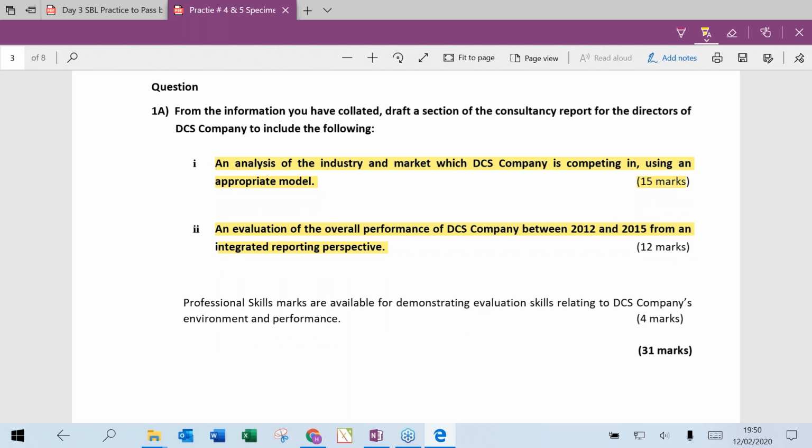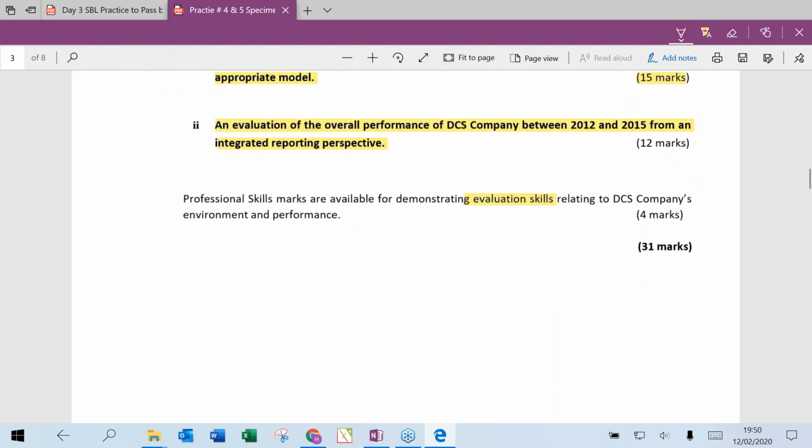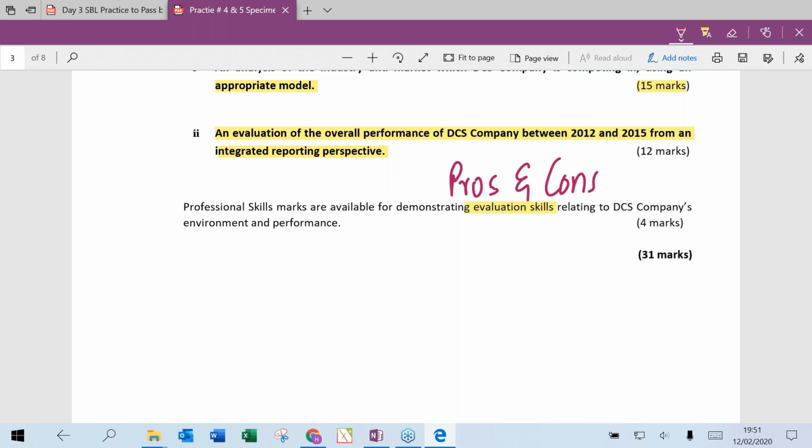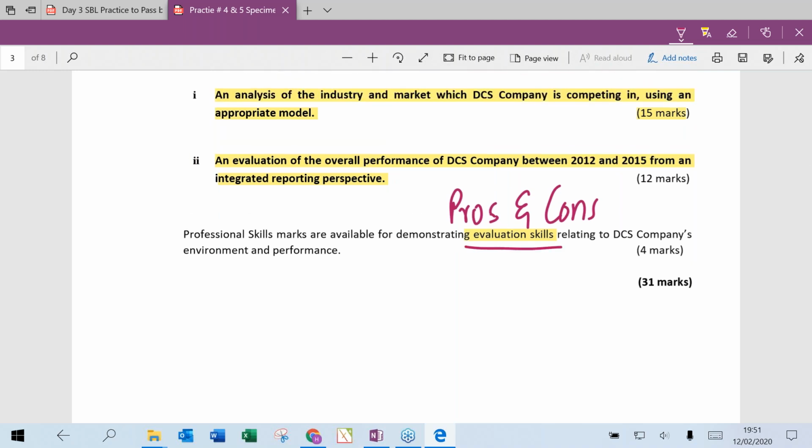Professional skills are available for evaluation skills, which means how do we grab marks on evaluation? We talk about both. It has to be balanced, pros and cons. Okay, so shouldn't be a problem.